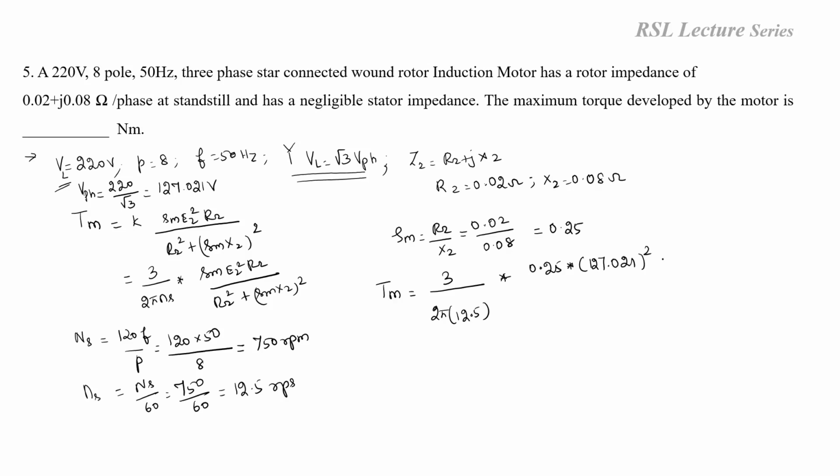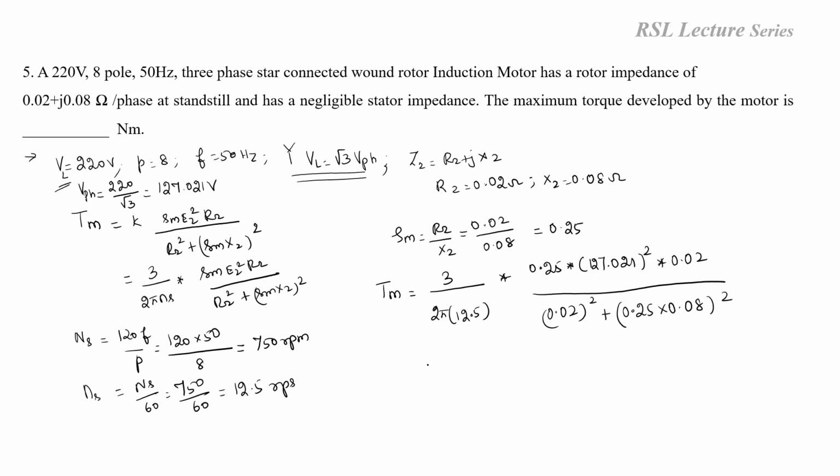127.021 whole square into R2 value 0.02, whole divided by 0.02 whole square plus 0.25 into 0.08 whole square.